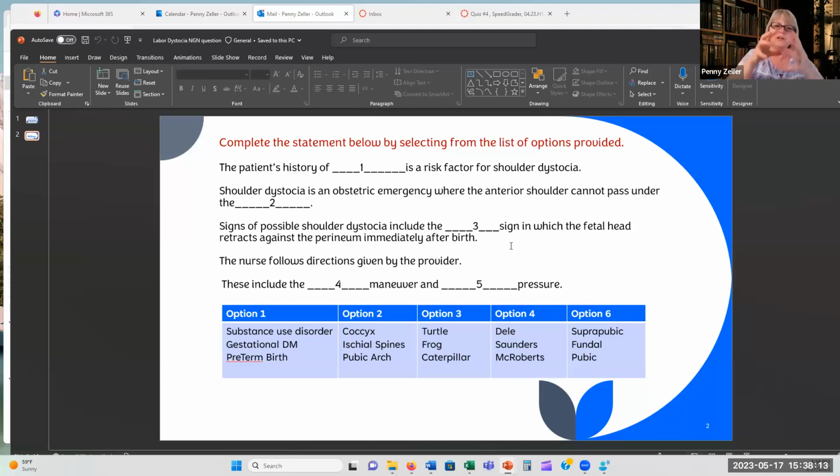When you do that, it actually opens up the pelvic cavity a little bit more. Then we apply suprapubic pressure, right above the pubic bone in the soft area, pressing down gently and in. That pushes the shoulder together a little more so it can pass under the pubic arch. Okay, good.